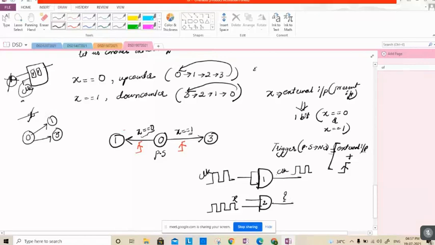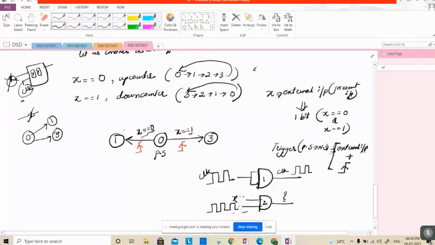It depends on x, right? It depends upon x and it depends upon this clock signal also. It is not that it depends purely on x or purely on clock. It depends on both x and clock.